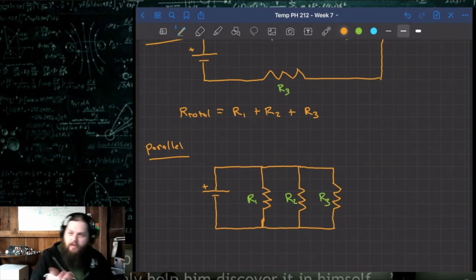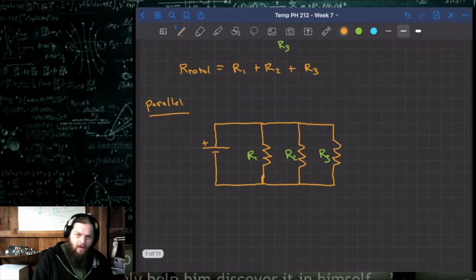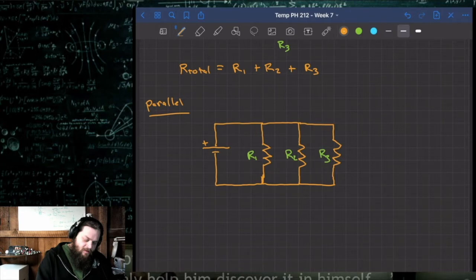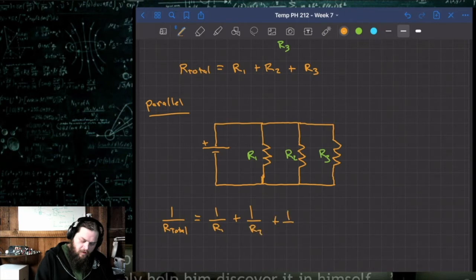To find the total resistance in this circuit, it's the same as capacitors in series, where the reciprocal, 1 over R total, is going to equal 1 over R1 plus 1 over R2 plus 1 over R3.